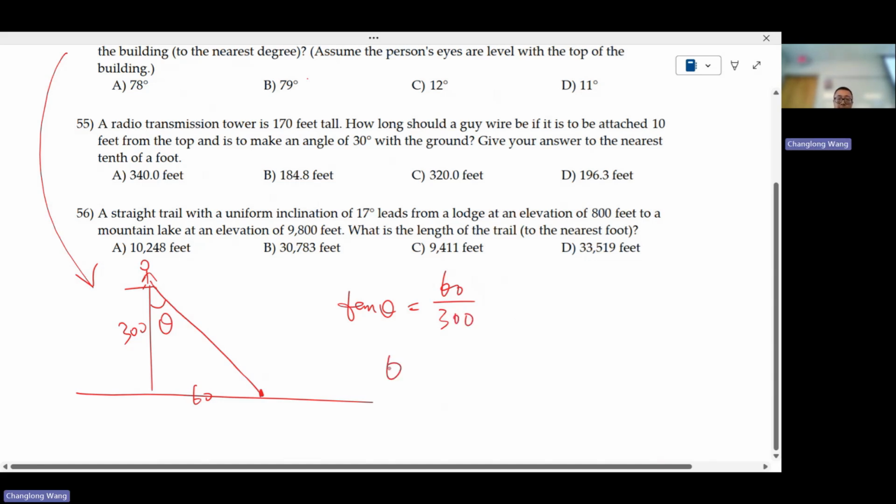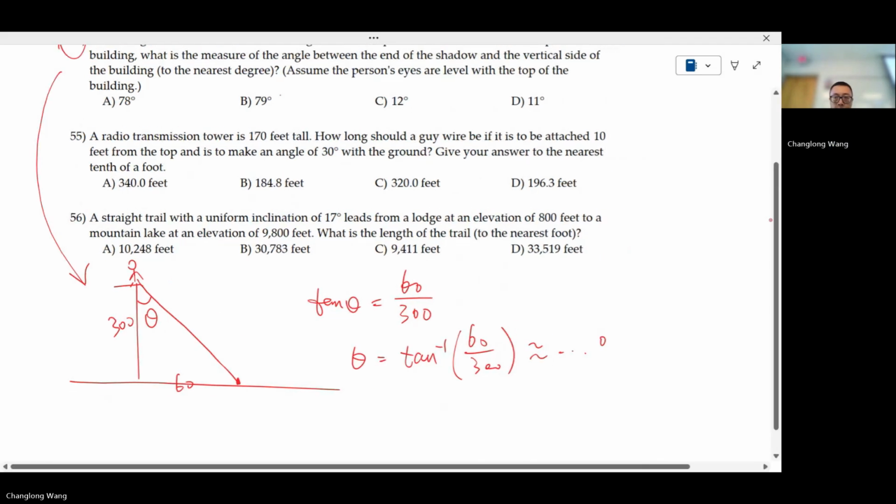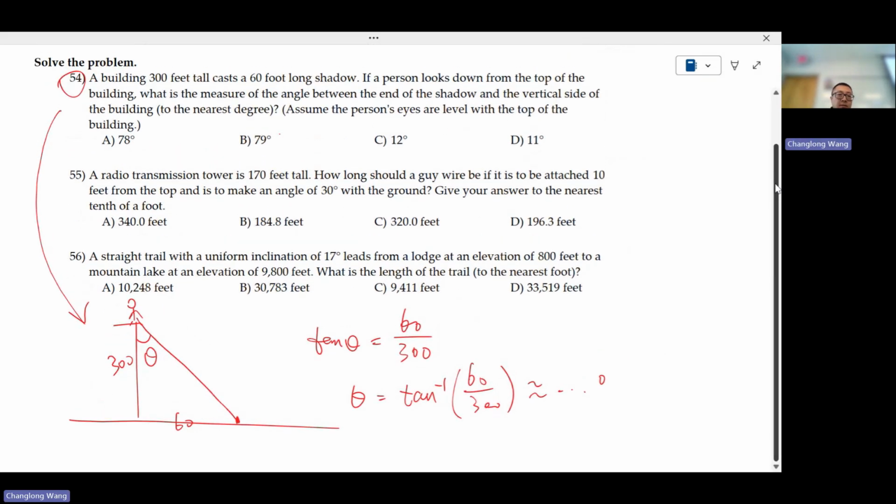To find theta, you're going to use the inverse tangent and feed it with the same ratio and get the angle, in this case in degrees. Okay, that's all.